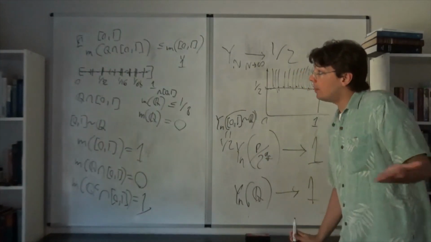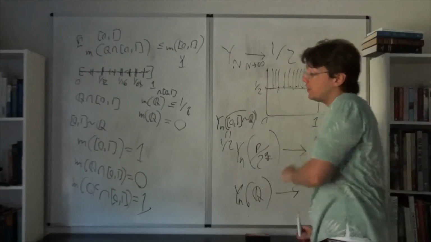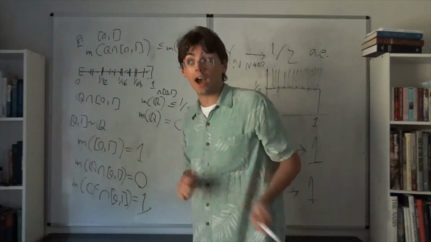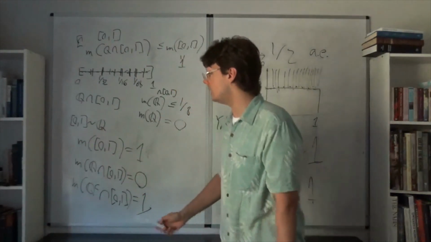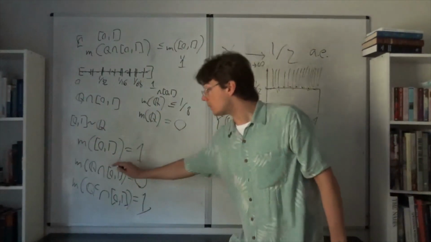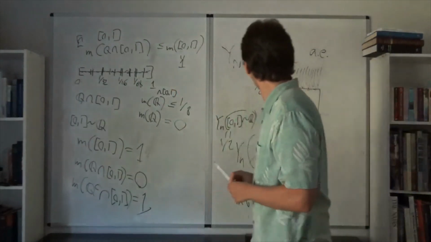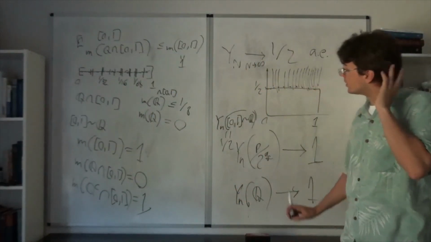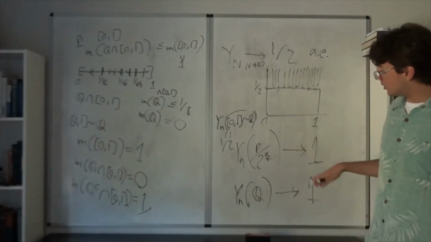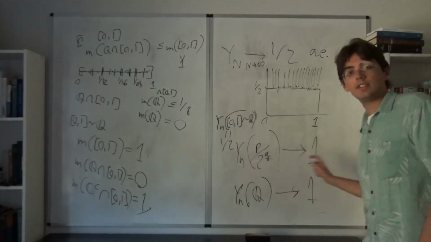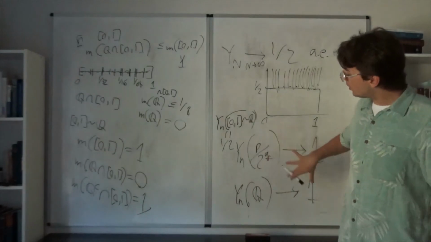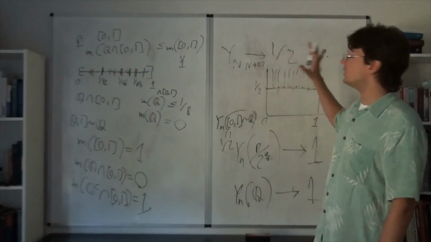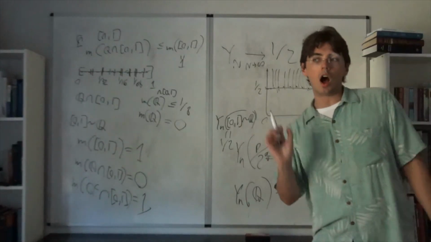But using this tool of almost everywhere, which we got from measure theory, where measure theory uses the distinction of countable and uncountable to distinguish the irrational numbers from the rational ones, we found out, oh, congratulations. This stuff is garbage. This stuff is nothing. This is dust. I can throw it away, and I only care about this. That's the only kind of convergence that matters. The convergence almost everywhere.